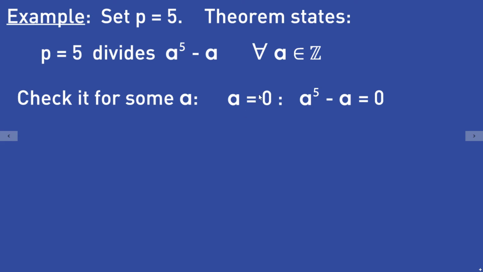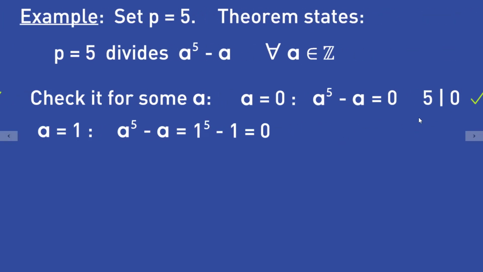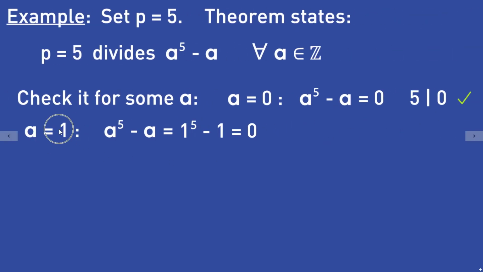For a equal to 0, a to the power of 5 minus a is equal to 0, and 5 divides 0. So that is all right. For a equal to 1, a to the power of 5 minus a is 1 to the power of 5 minus 1, which is equal to 0, and 5 divides 0.